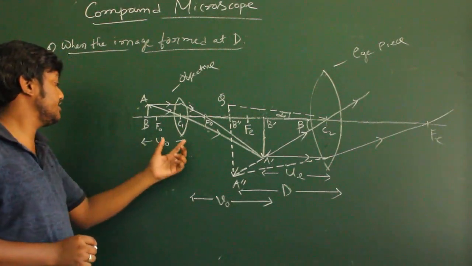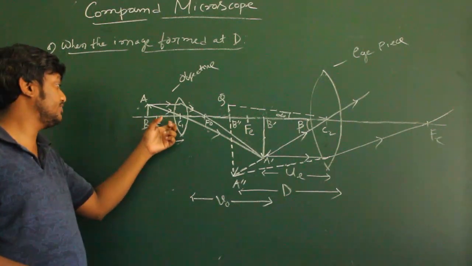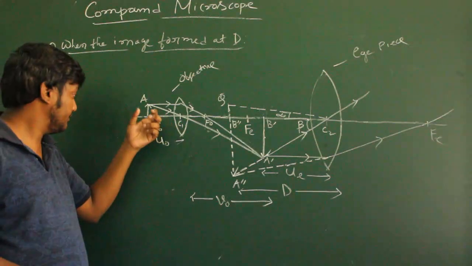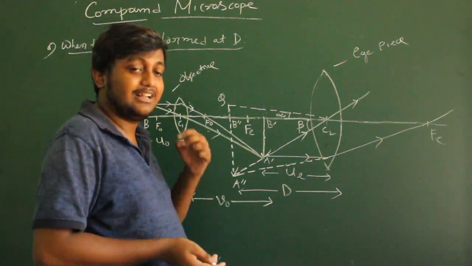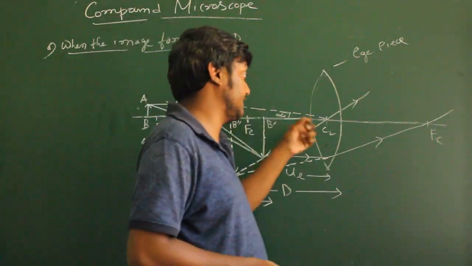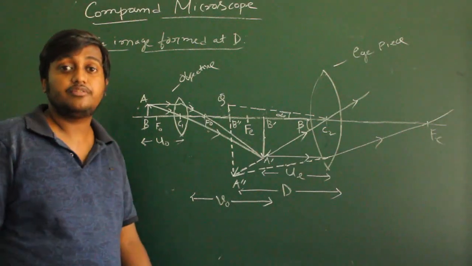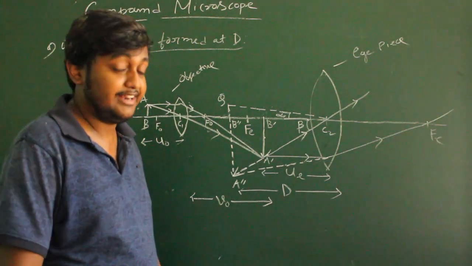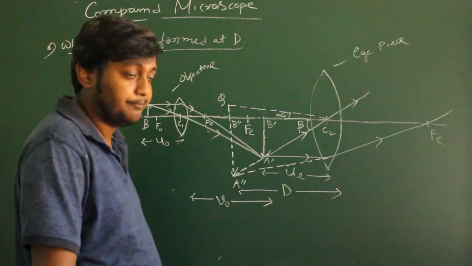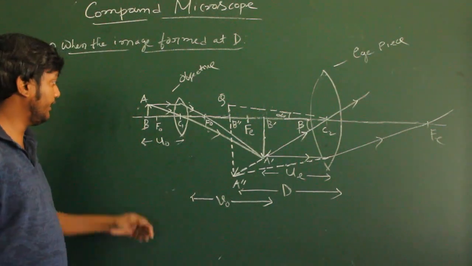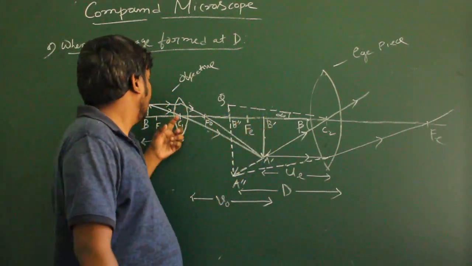We have to adjust these two lenses in such a way that the image from the objective lens is formed between the focus and optical center of the eyepiece lens, and the final image is formed at the least distance of distinct vision. Here AB is the object of the objective, and A'B' is the image of the objective lens.